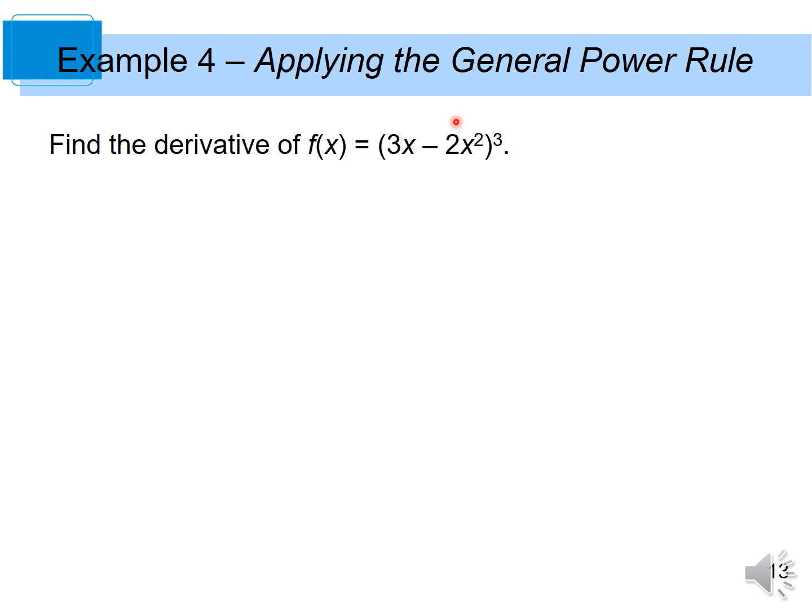This is a composite function. And why do we use the general power rule? Because 3x minus 2x squared is a quadratic function, and this quadratic function has power cube. So that's why we use the general power rule. And now I show you why this is a composite function.